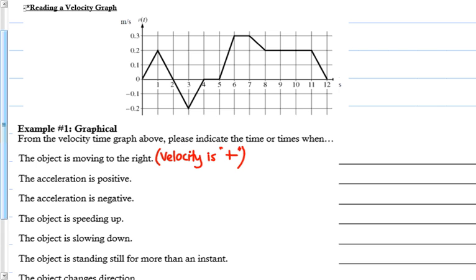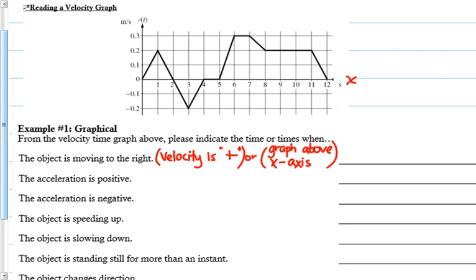Another way of looking at it is the parts of the graph above the x-axis. Anything above the x-axis. I know this is in seconds and meters per second, but basically this is still the x-axis. So anything above.